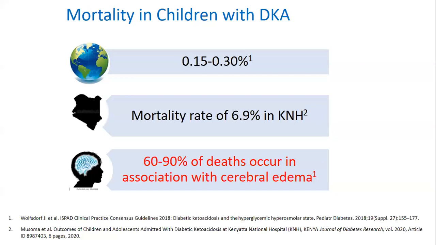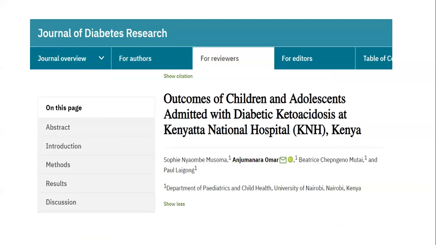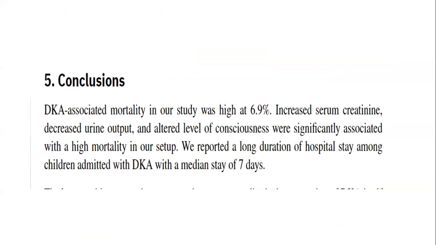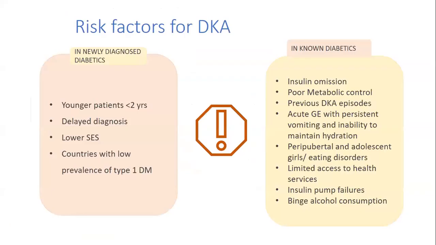So the highest cause of mortality in patients who present with DKA is actually associated with cerebral edema. So it is always good as you manage your patients with DKA to watch out for cerebral edema. And this is the study I was talking about. Part of the faculty from the University of Nairobi were part of the study.